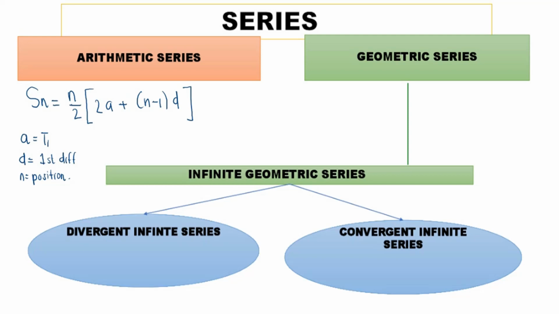If your common ratio, your r, is greater than 1, then the equation that you use to get the sum of the geometric series is Sn equals a times, open brackets, r to the power of n minus 1, all over r minus 1.